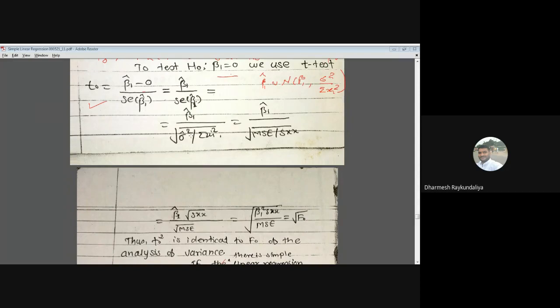The standard error involves sigma cap square upon summation xi square. What is sigma cap square? It is the MS due to residual, which is SS due to residual divided by degrees of freedom n minus 2. Here we have taken the deviation form of the model, so Sxx is summation xi square, and without the deviation form, it is summation xi minus x bar whole square.